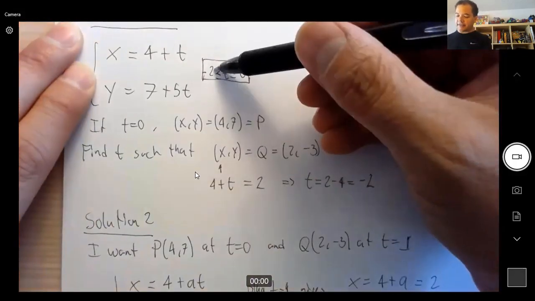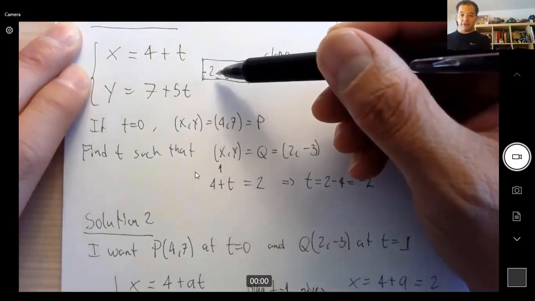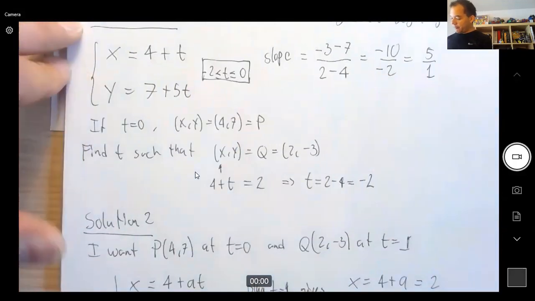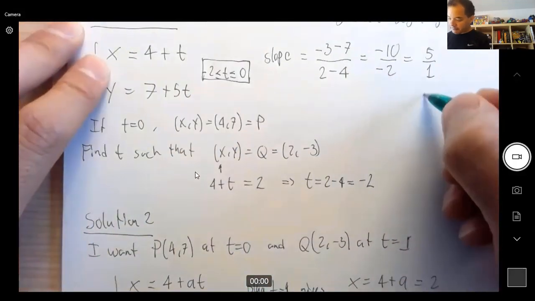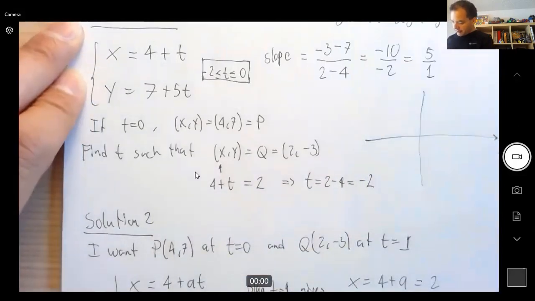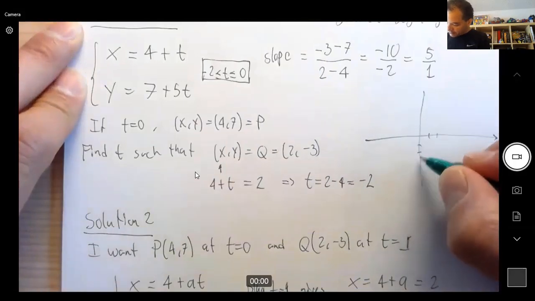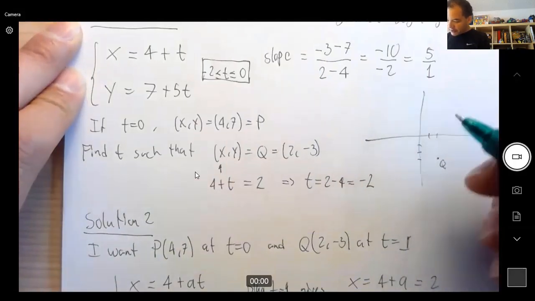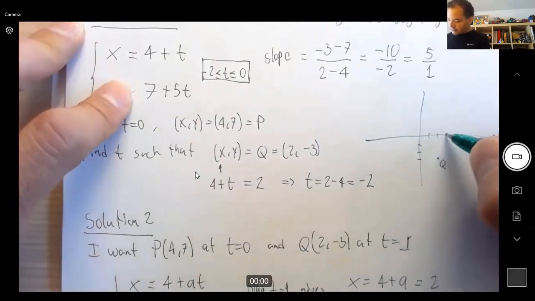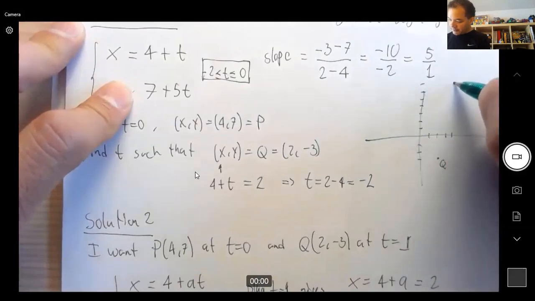This one starts at, when T is -2, you are at the point Q. So if I were to draw the picture for this one, it would be like this. It starts at (2, -3). This is Q. And it finishes at (4, 7), all the way over here, which is P.